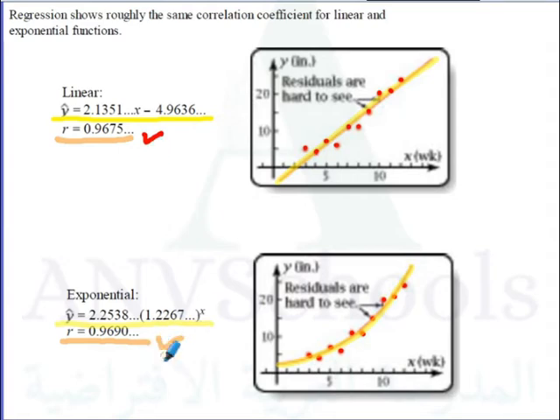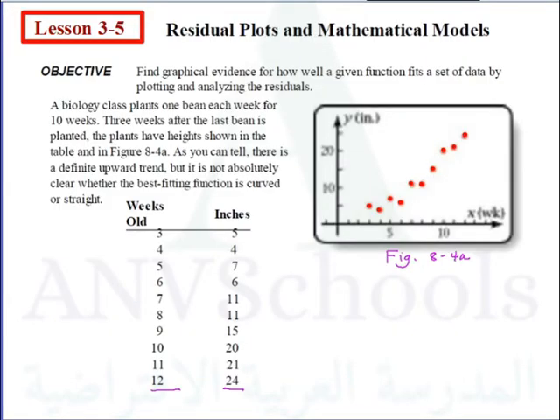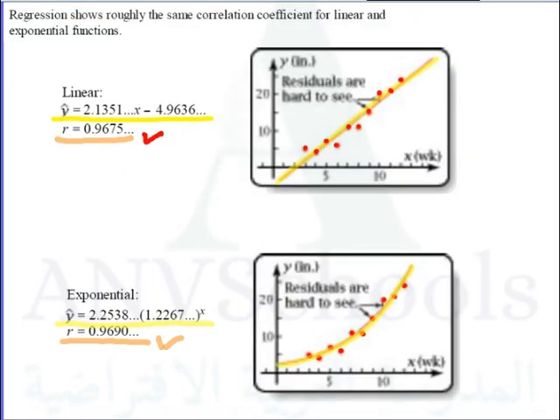But they are both best fitting regressions for this data: the number of weeks old versus the height of the beans.